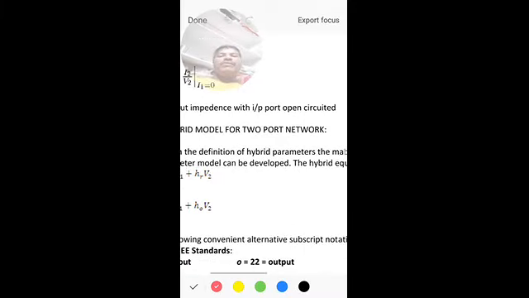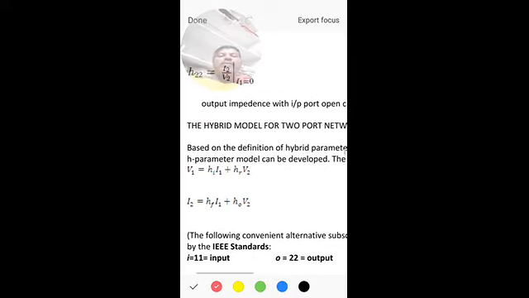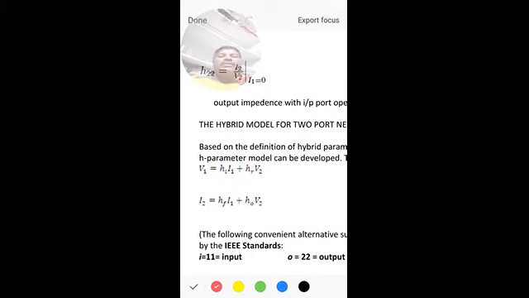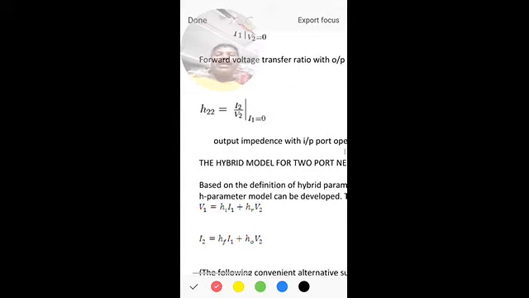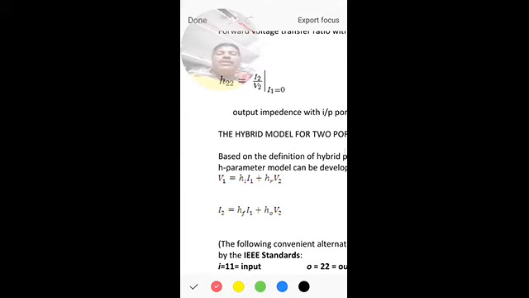Based on the definition of hybrid parameters, the mathematical model for the two-port parameter model can be developed. So V1, H11, I1, HR, V2. H11 is nothing but input impedance, so we can represent it as HI, and H12 is the reverse voltage gain, we can represent that as HR.